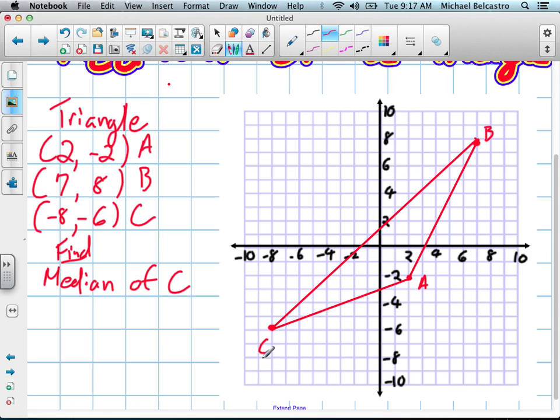So, the question says to find the median of C, and really what they want us to do is find the distance of this median. To find the median of C, what do I need to do? Anyone remember? X2 plus X1 over... What is that solving?